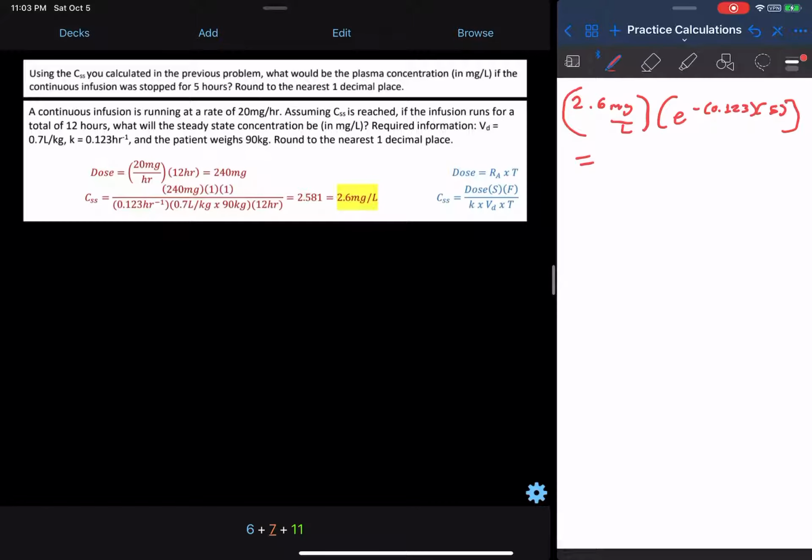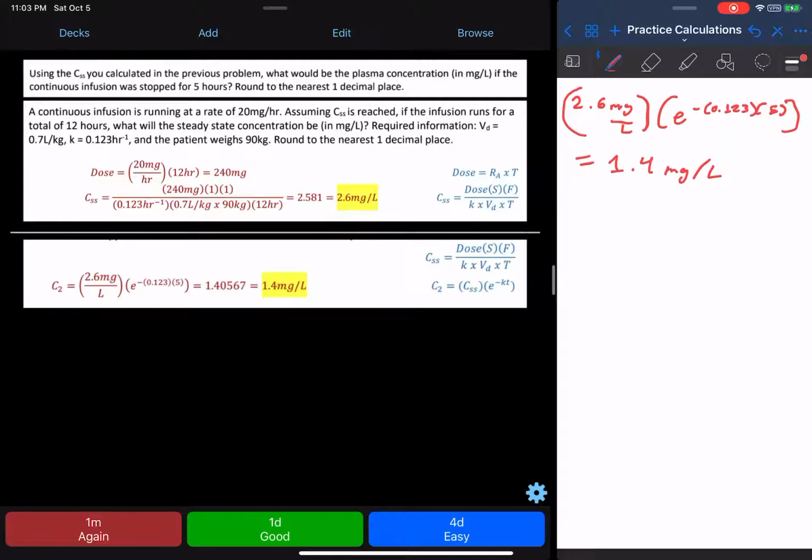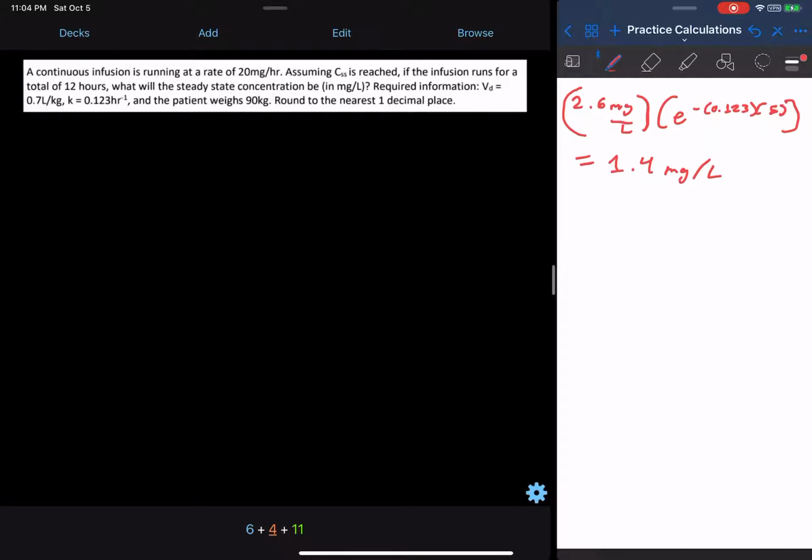Okay, so I came out to 1.4 milligrams per liter, and the answer here is, oh, wow, that worked out. Looks like everything you learn just kind of applies to everything. What you learn in one problem can apply to more problems. That's math.